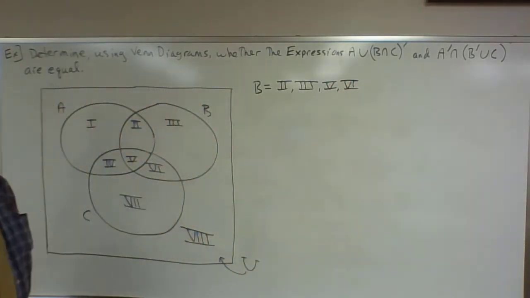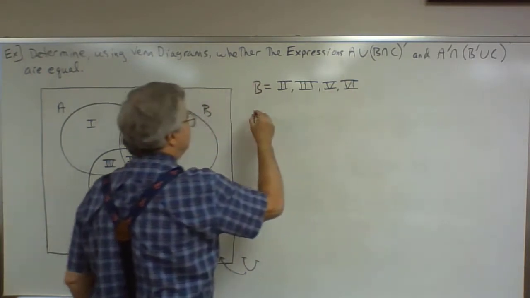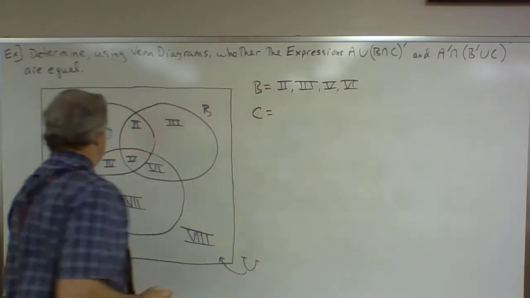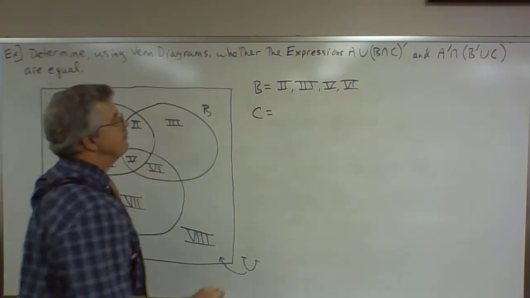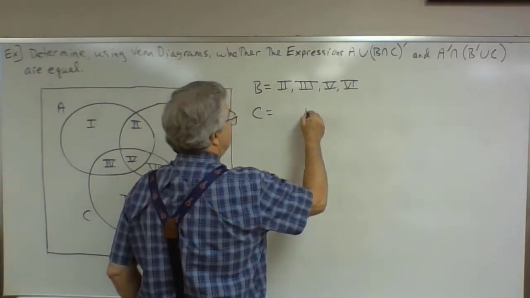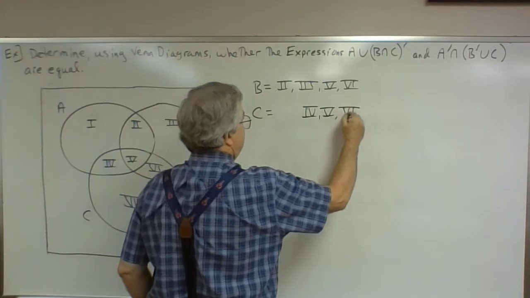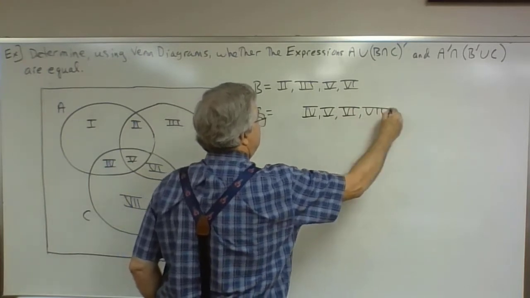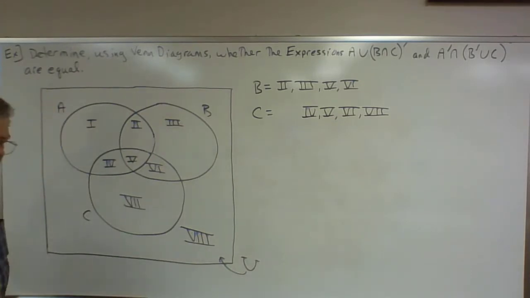Those are the regions that comprise B. Now I'll do the same thing for C. C is comprised of regions 4, 5, 6, 7. That's C.